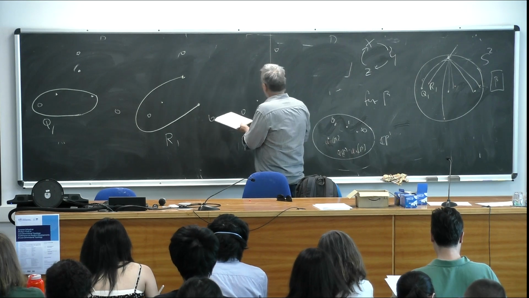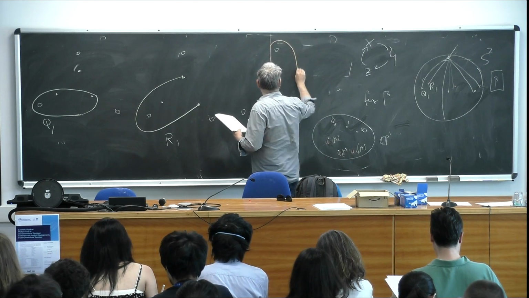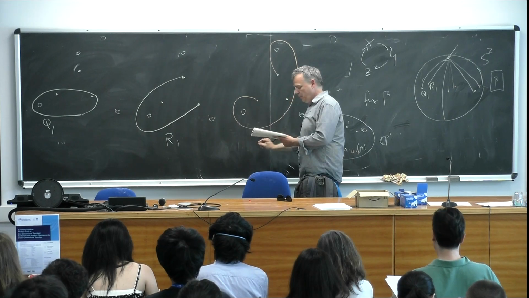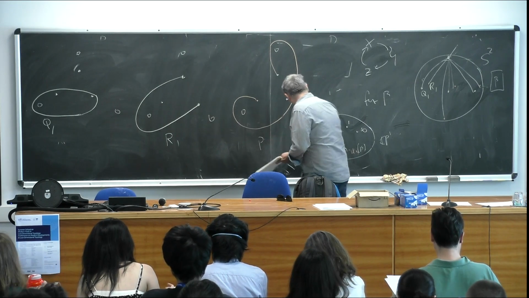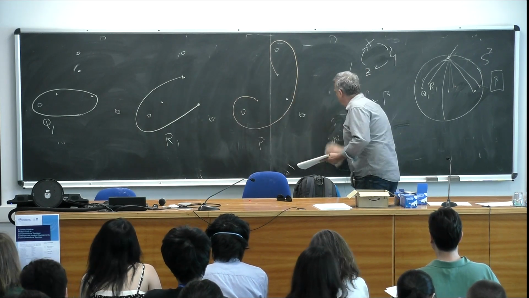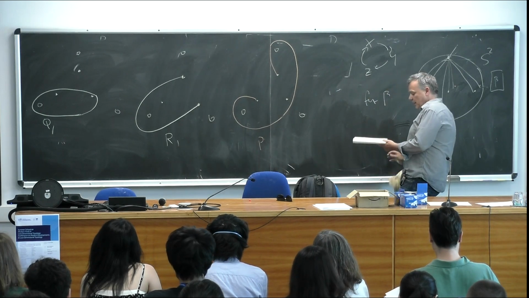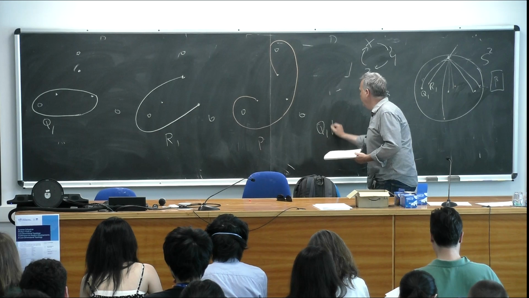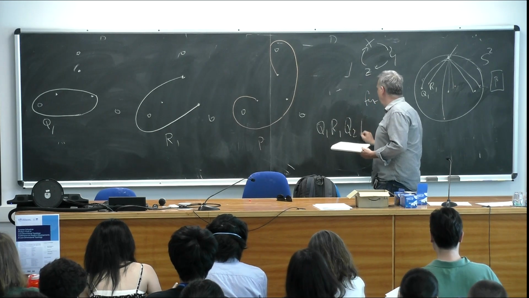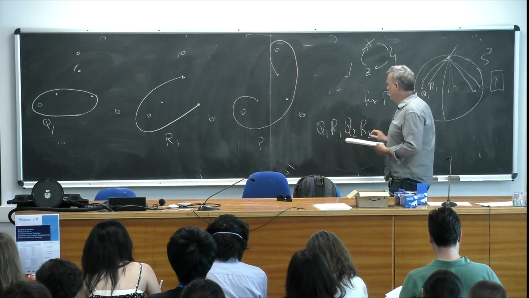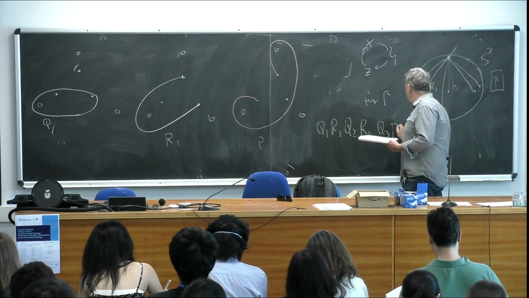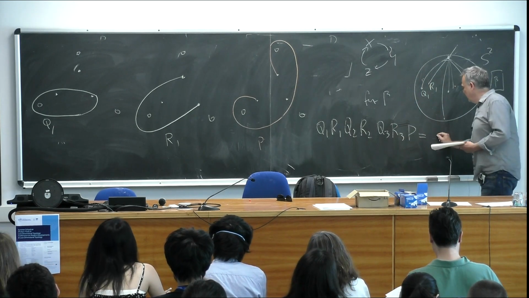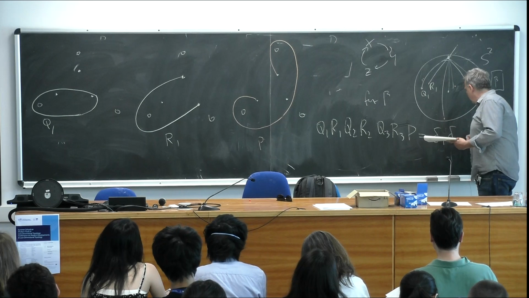And we have this one. So this is P. And the statement is that Q1, R1, Q2, R2, Q3, R3, P is equal to these.